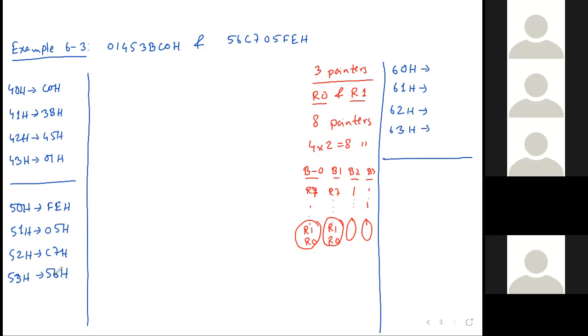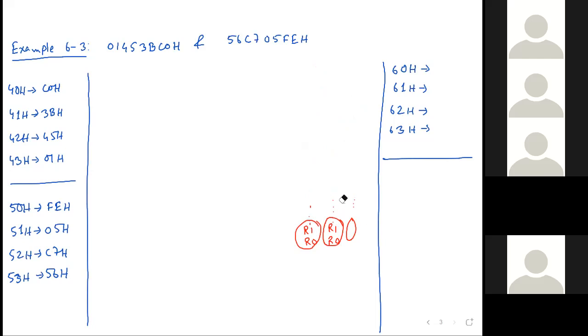Okay, that also you can do, or you can simply say I will use 2 pointers from B0, 1 pointer from B1, or 2 pointers from B1, 1 pointer from B2. I mean, it is totally up to you. But the main thing is we need pointers from different banks. That means throughout the code, we will frequently switch between banks. Did you get this portion, what I just said?